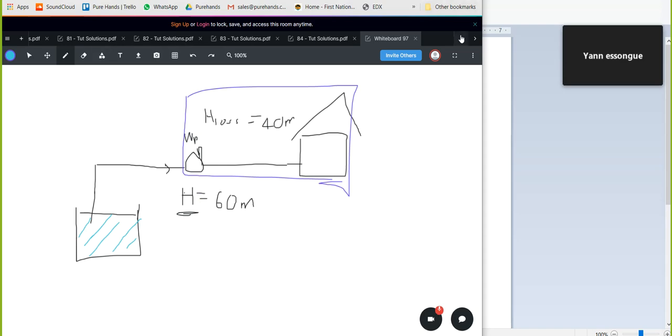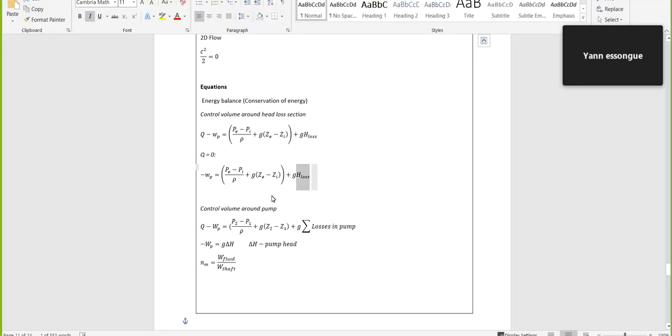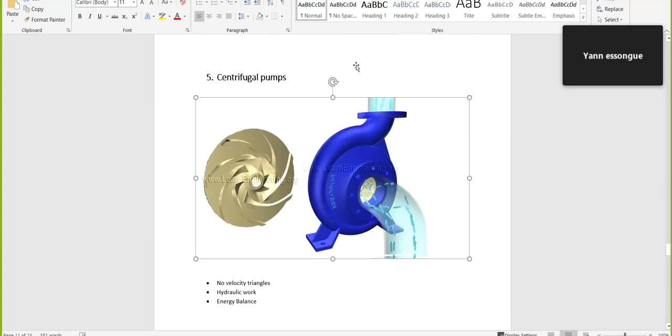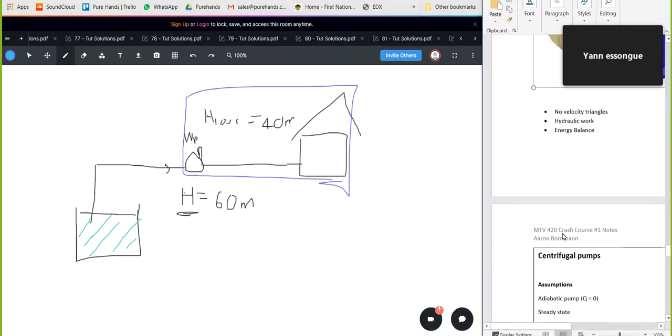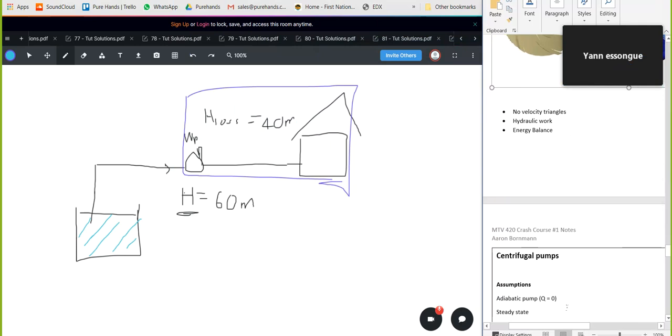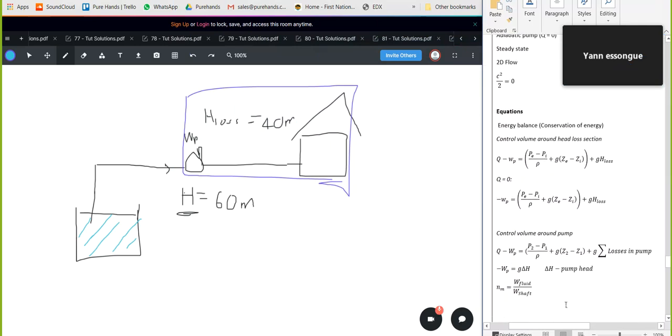Okay, so there's another question. Right, let's get our centrifugal pump stuff on the side, and then let's look at our equations.